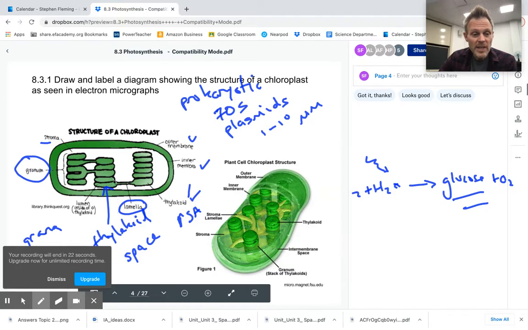Also, if you see this thylakoid space, that is where all the protons eventually are going to be located to create that high concentration gradient to make ATP, right? We saw that in the intermembrane space. And last, the stroma is this place where reactions happen, just like in the matrix of the mitochondria.